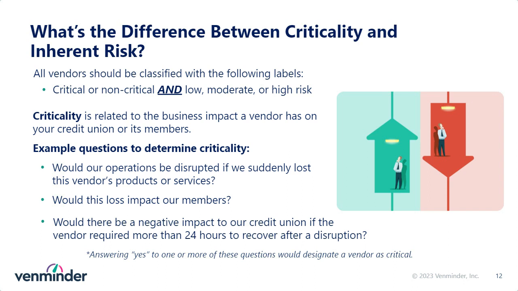This type of vendor can usually be replaced pretty quickly, and even if it couldn't, your operations or members wouldn't be negatively affected. On the other hand, a vendor that provides electronic payment processing for your members would likely have a much bigger impact if its services were suddenly unavailable or if it needed more than 24 hours to recover after a disruption.